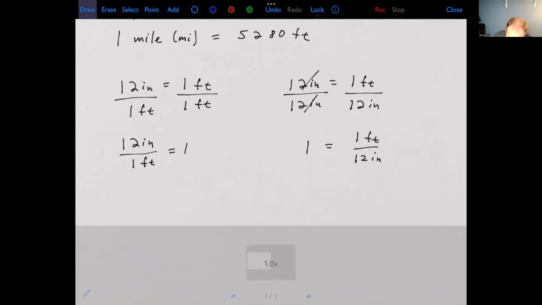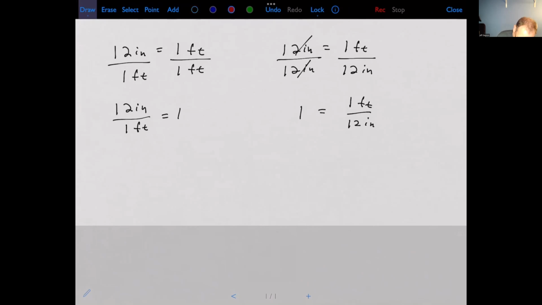Now, these ratios here, the 12 inches over 1 foot, which is equal to 1, or the 1 foot over 12 inches, they really represent the same length, right? So that ratio, that's why it's equal to 1. These are called unit conversion factors.